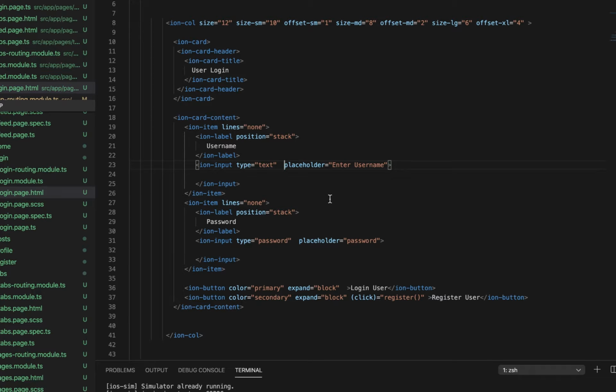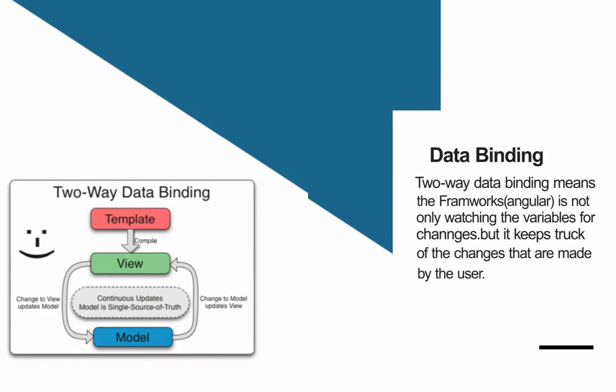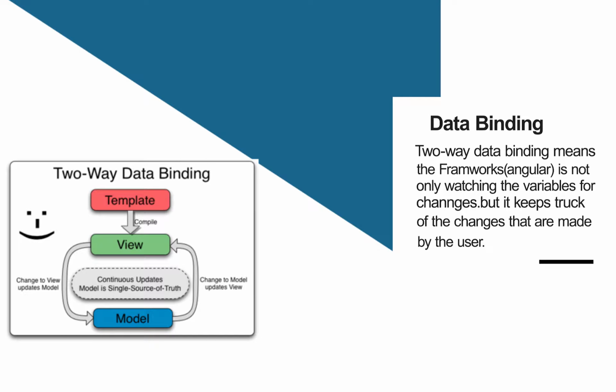Let's look at what is two-way data binding. Two-way data binding means that the framework, which in our case is Angular, is not only watching your variables for changes, but it also keeps track of the changes that are made by the user.